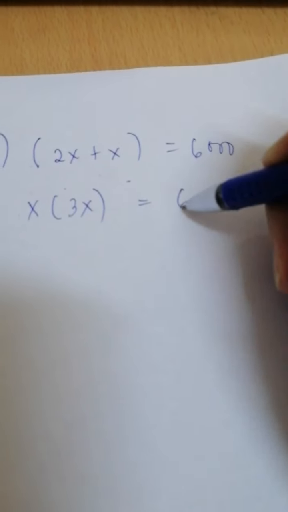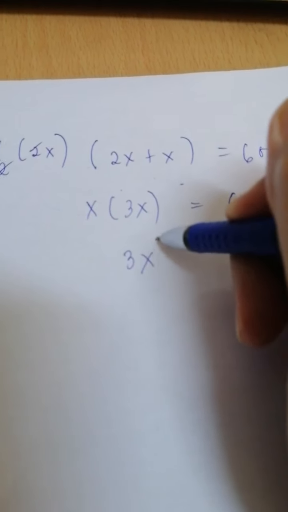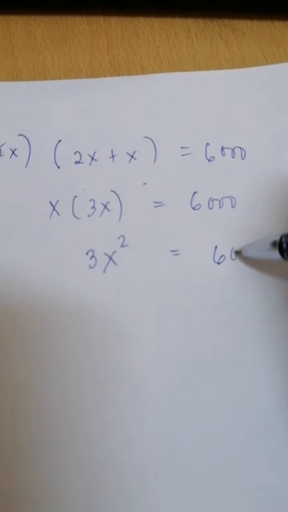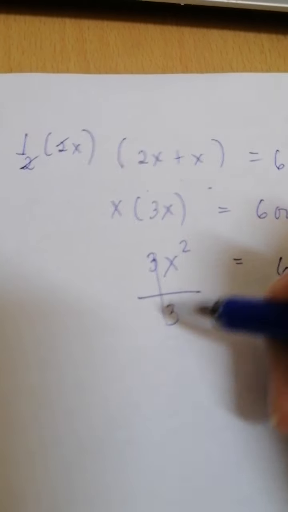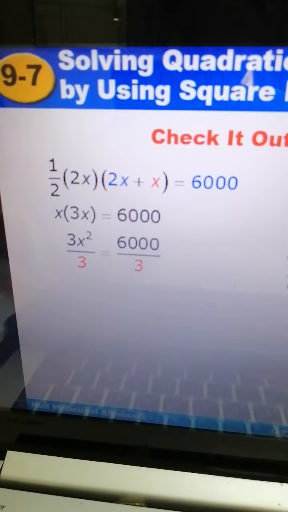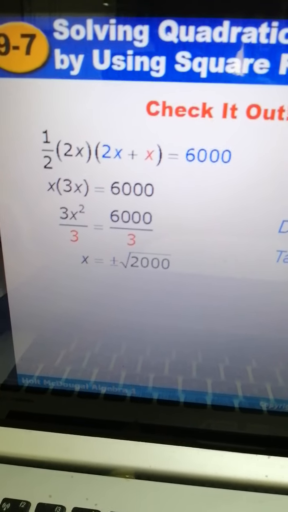So x times 3x is 3x squared, which is equal to 6,000. Then divide by 3, divide by 3. So x squared is what? The answer is 2,000.